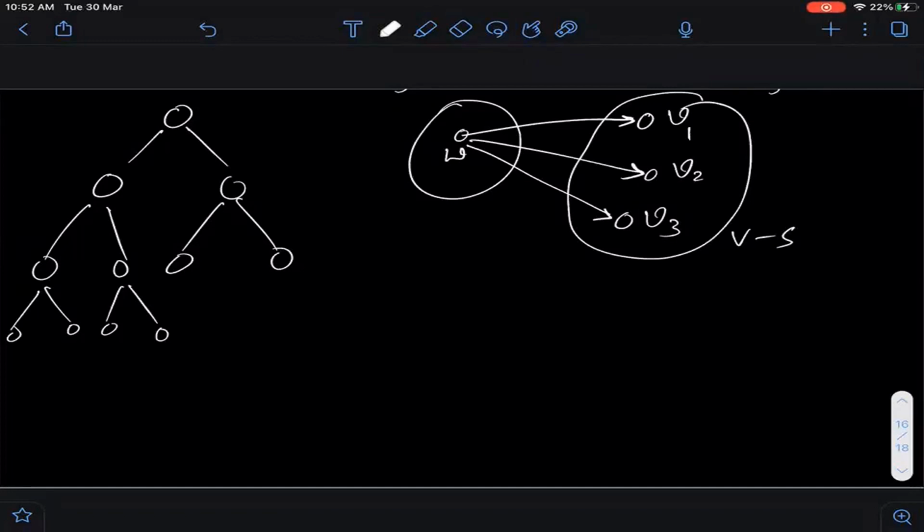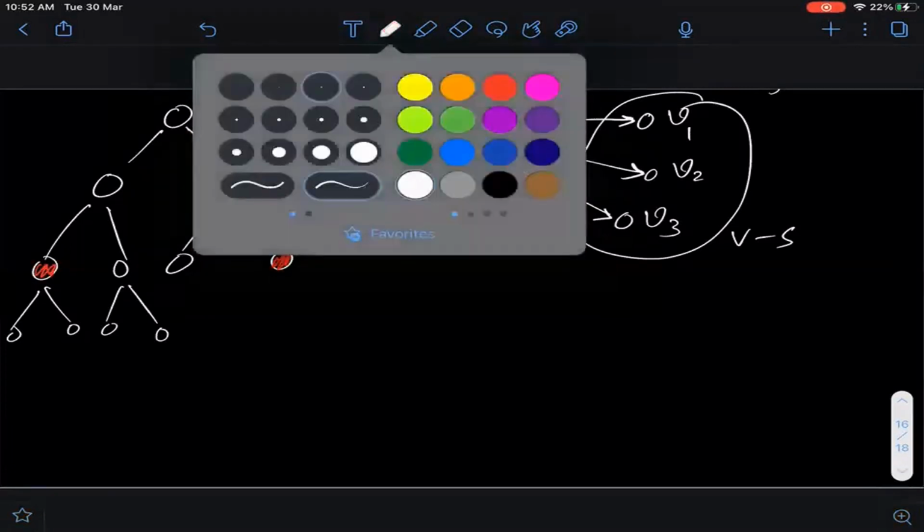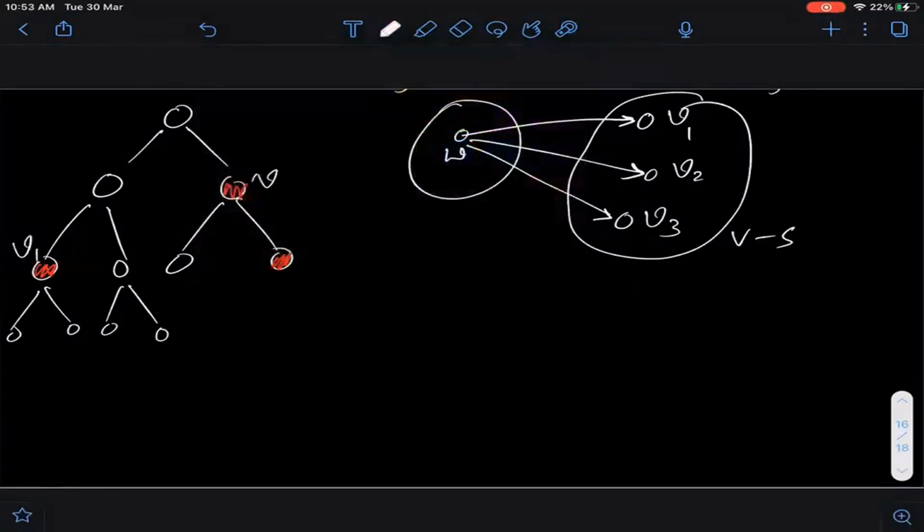So when you included W, these might be lying somewhere in your heap. Maybe this is V1, this is V2, and this is V3. Now, when you consider this edge, it may happen that you need to decrease or update the distance label of, suppose, V2.